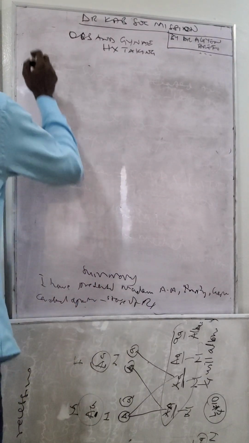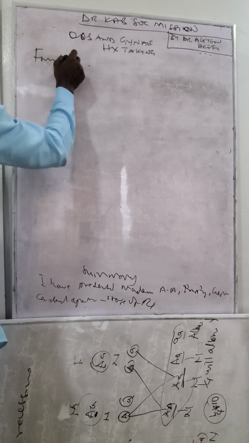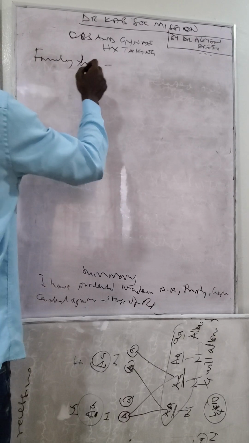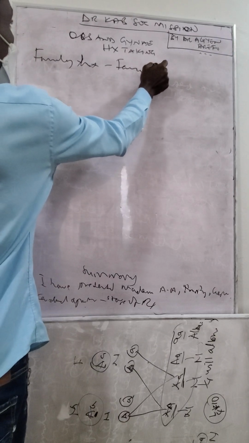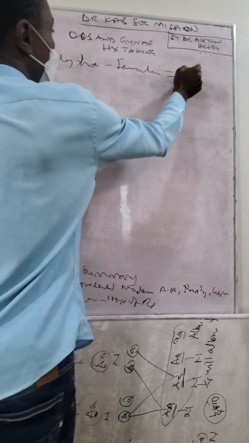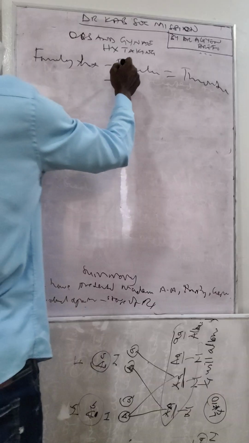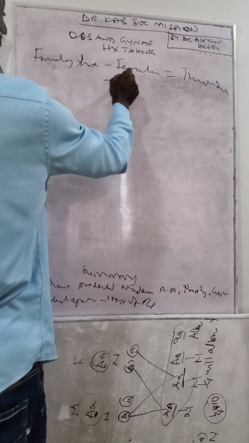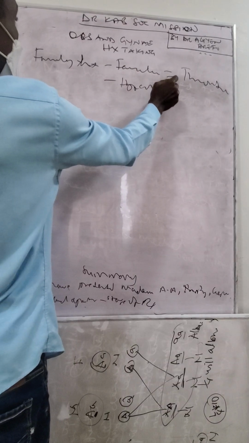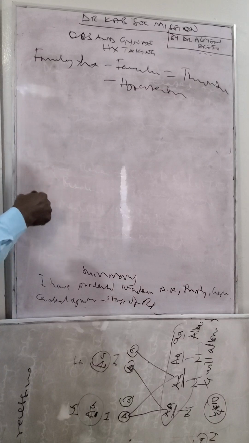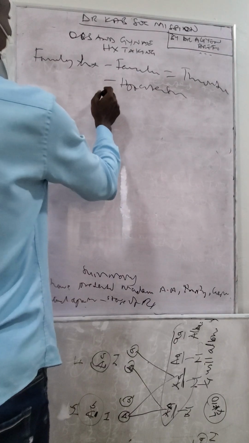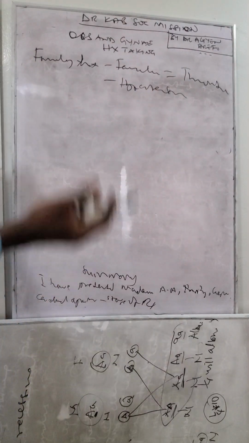So after that, you can come to family history. In family history, we are looking at familial conditions: a history of thrombophilia, hemophilia, maybe hypertension in the family, epilepsy, all those things will come into the picture.